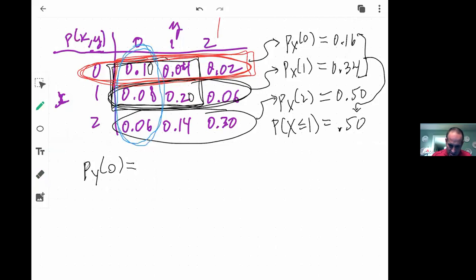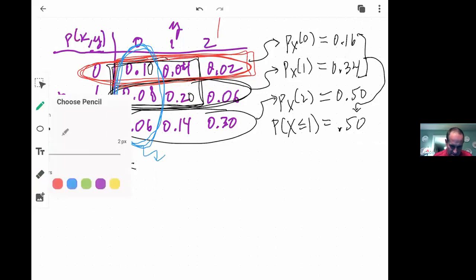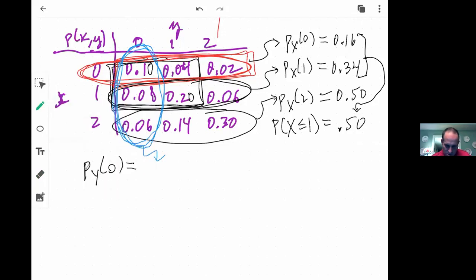For the value 0 in the column, I have to add up all these entries. So I have to add those things together. What do we get? Well, that's about 0.24. What about p sub Y of 1?